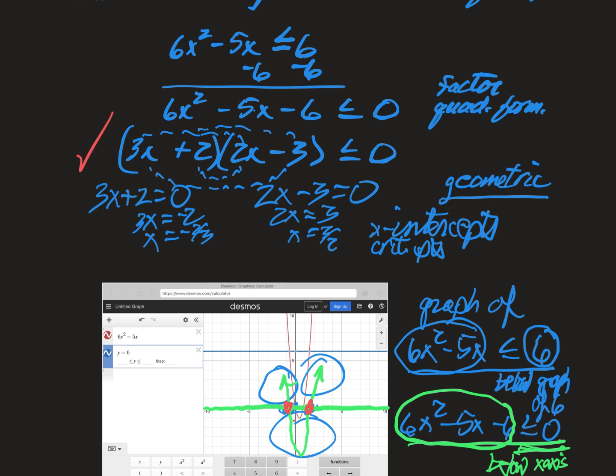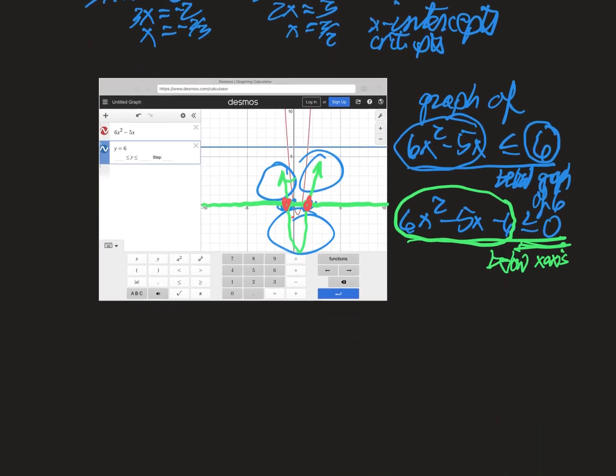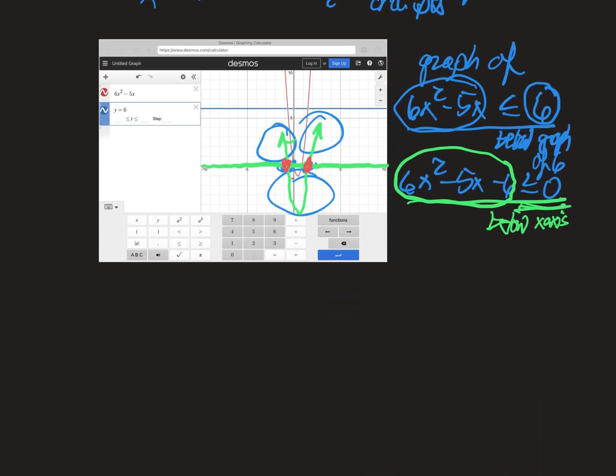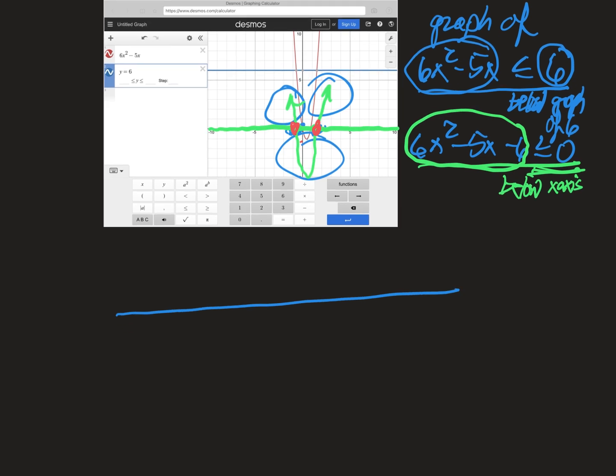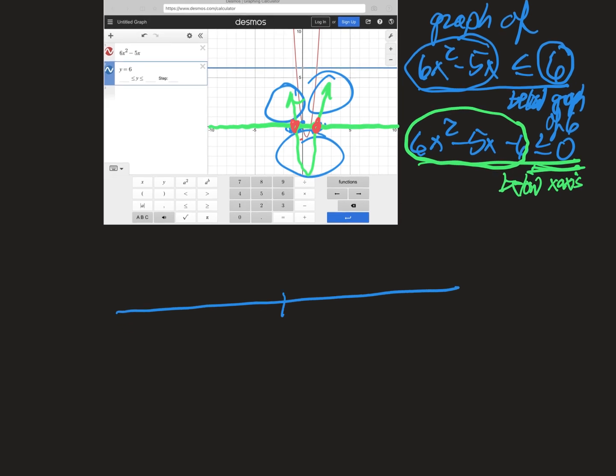Now, once we have the x-intercepts, we can then make a number line. And on this number line, I have 3/2 and negative 2/3. So here's 0. So 3/2 is over here, and negative 2/3 is here. Sort of looks like this graph right here, right? I got 2 points.